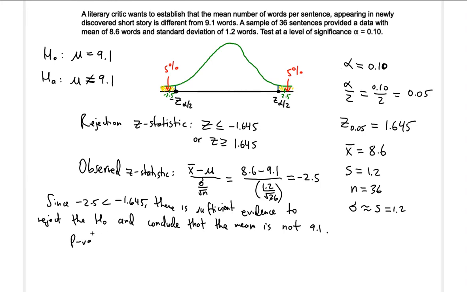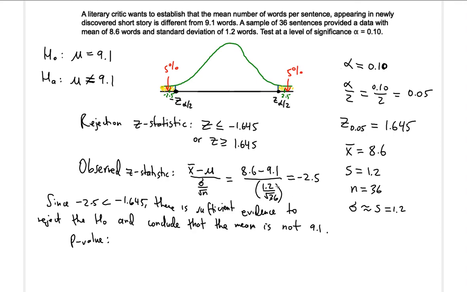So notice what the p-value means. The p-value is basically the probability, assuming the null hypothesis is true. So let's say that we assume that the mean is 9.1. What is the probability of having an observed z-statistic of negative 2.5?